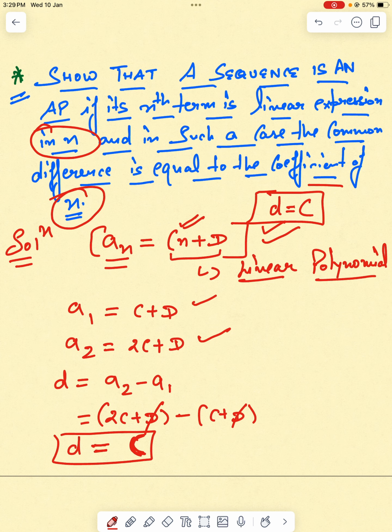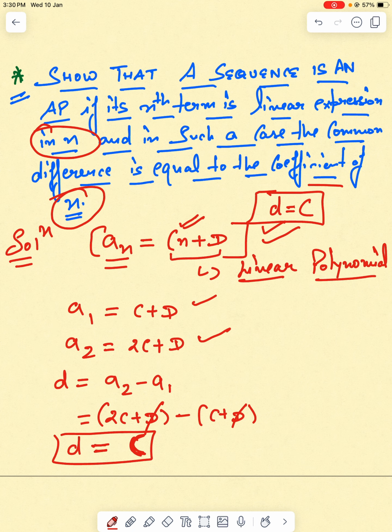So this is a very generalized concept, or you can say a very important concept. You have to keep it in mind. It may be asked in your 1 mark question that if any sequence is given in a question which is in a linear form of n, or a linear polynomial of your term n, then the question may ask you to find your common difference.